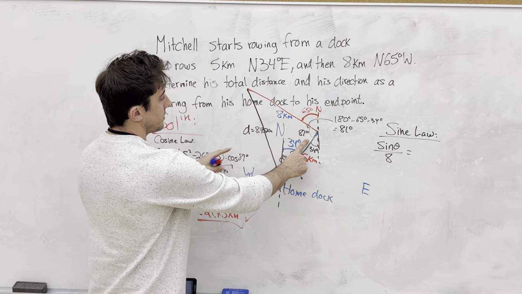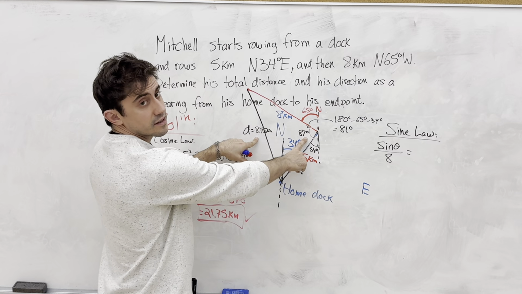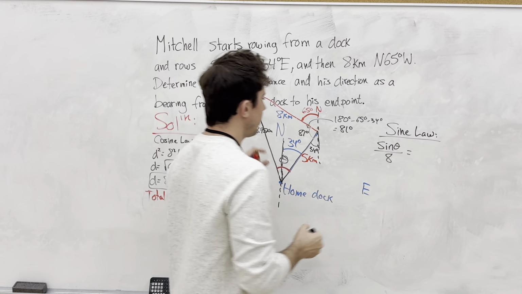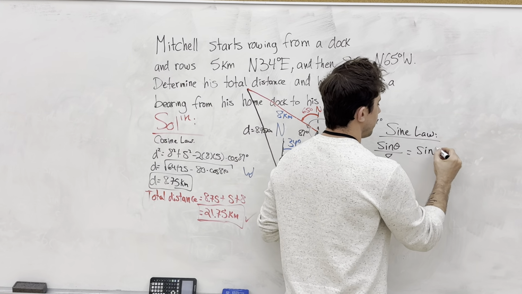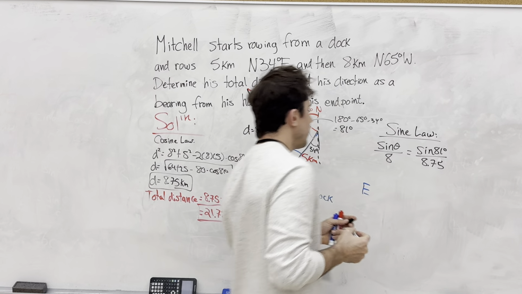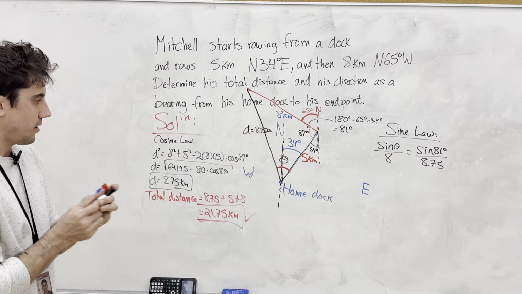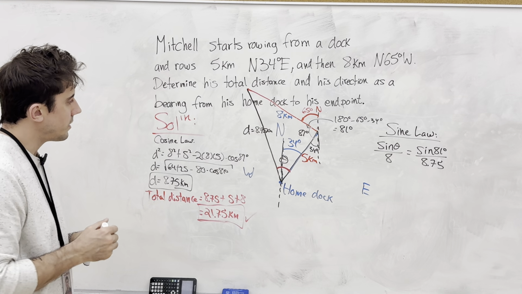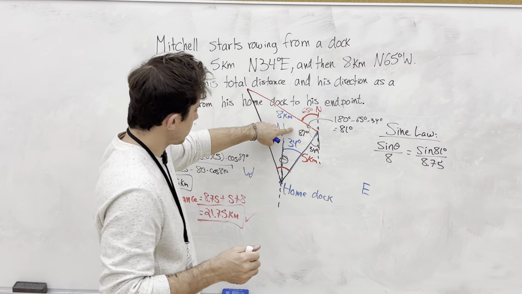We do know this angle, and opposite from this angle is the side length, 8.75. And so we'll have sine of 81 degrees over 8.75. And now we're going to rely on our algebra. Make sure that all this works out.